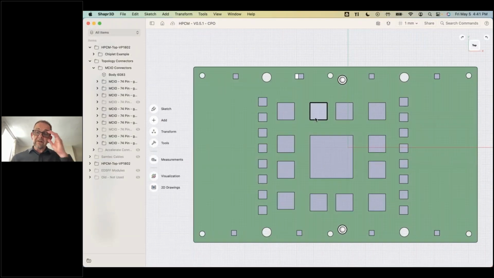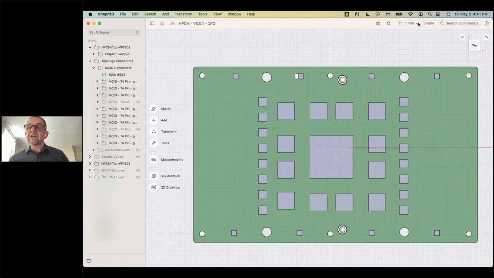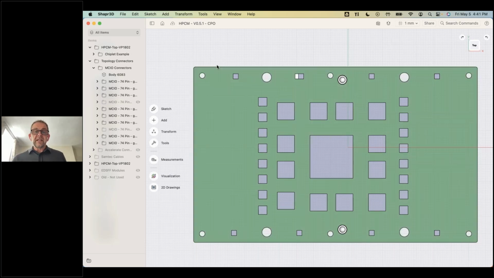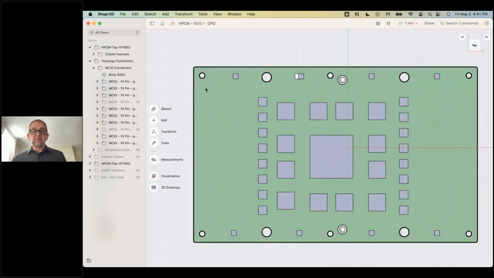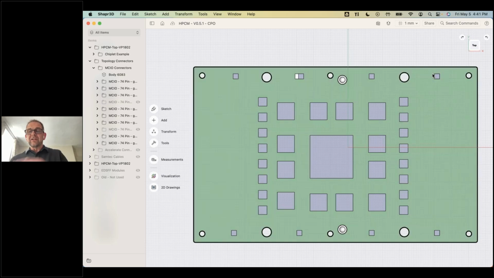So here we're looking at the actual, there you go, I can reduce this down a bit now. There you go, that's better. Okay. So here we can see the overall module, and here's the top. So this is the electrical one, sorry, this is the electrical one because it slipped over.